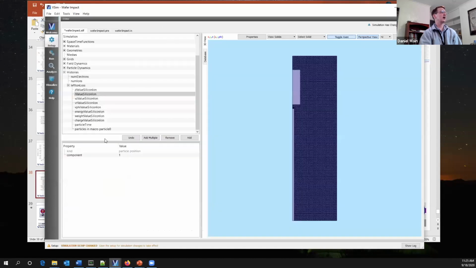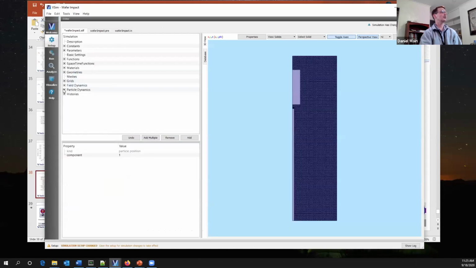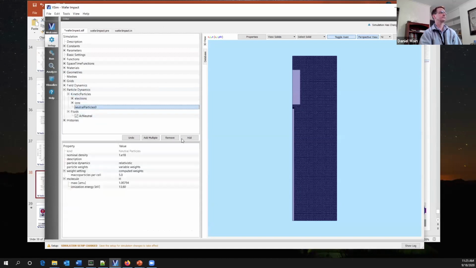If you go to the setup and you go to particle dynamics, there's a fluid tab here. But then under the kinetic particles, I can also add a neutral species as well. So you can do both. This particular one uses fluid.